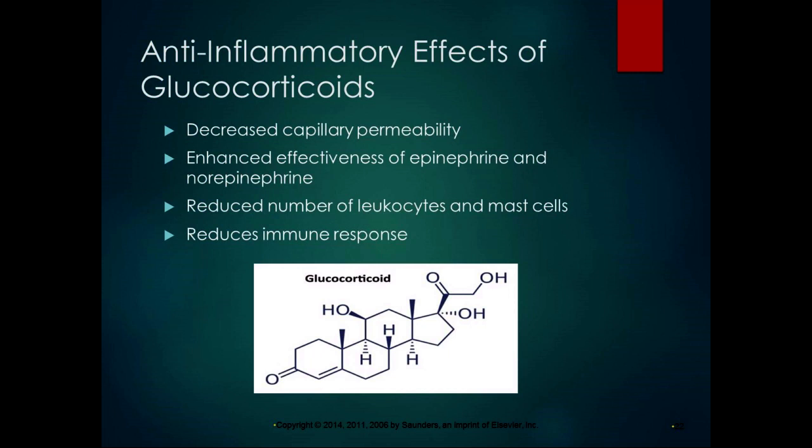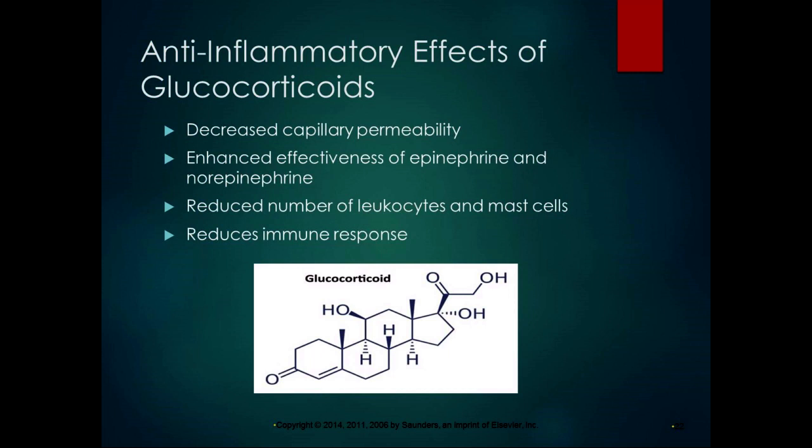It also reduces the number of leukocytes and mast cells, and it reduces the immune response. That can be the cause of some of the side effects. But it directly affects inflammation.